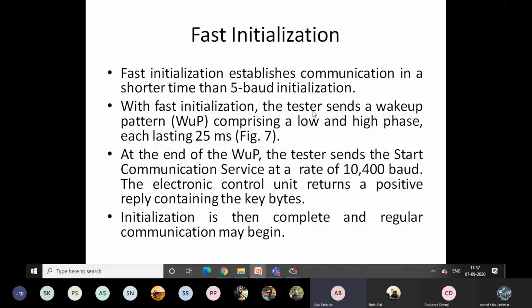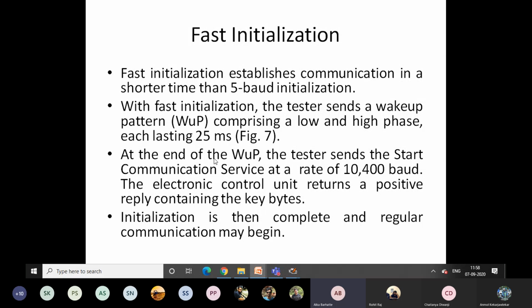This initialization is done by sending a wake-up pattern consisting of a low pulse and a high pulse, each lasting 25 milliseconds.